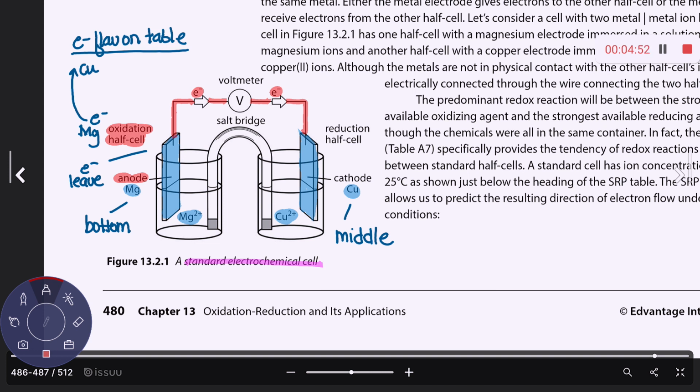And then the electrons are going to the copper electrode, so that means we're gaining electrons, and this is where reduction is happening. And wherever electrons are being gained and reduction occurs, we call that electrode the cathode.